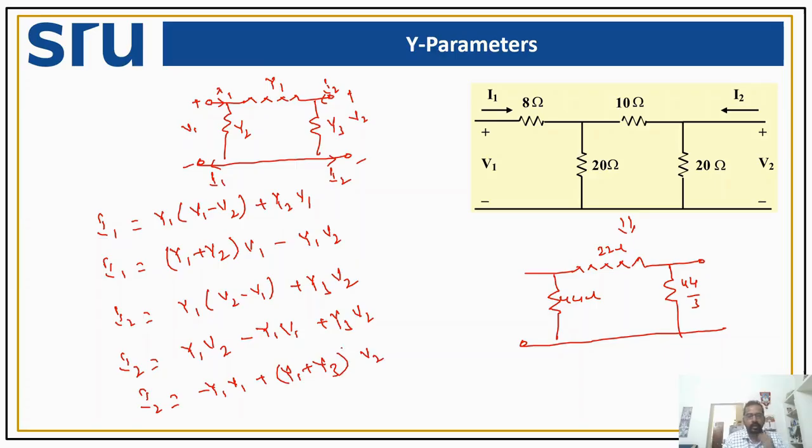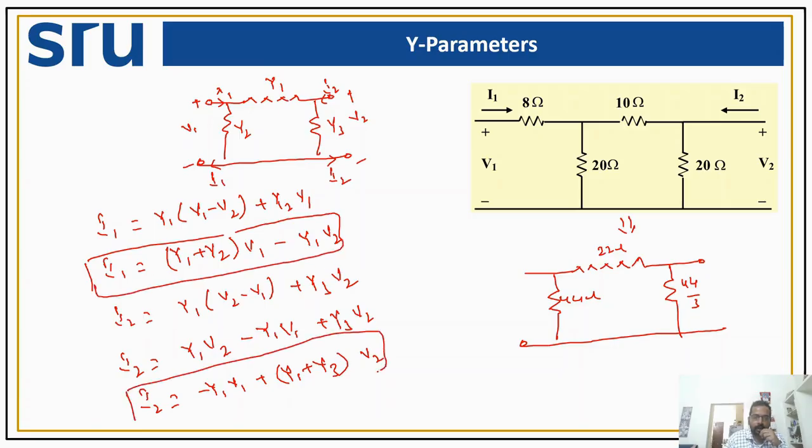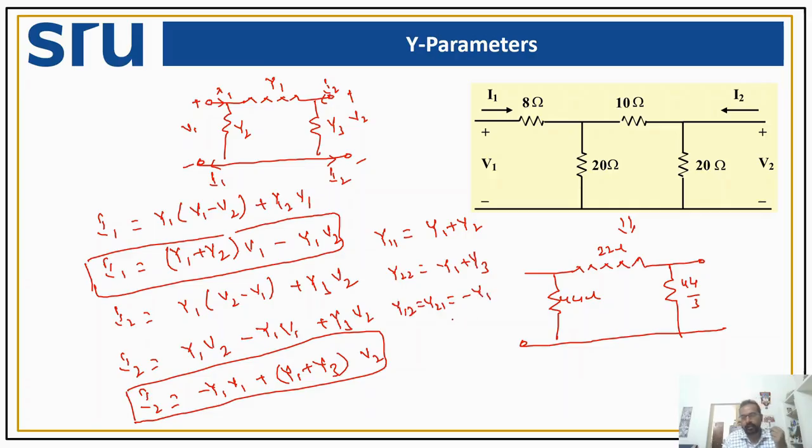So if you observe this particular equation and this particular equation and compare with the standard form of Y parameters, we can observe that my Y11 is equal to Y1 plus Y2 and my Y22 is nothing but Y1 plus Y3, whereas my Y12 is equal to Y21 is equal to minus of Y1.